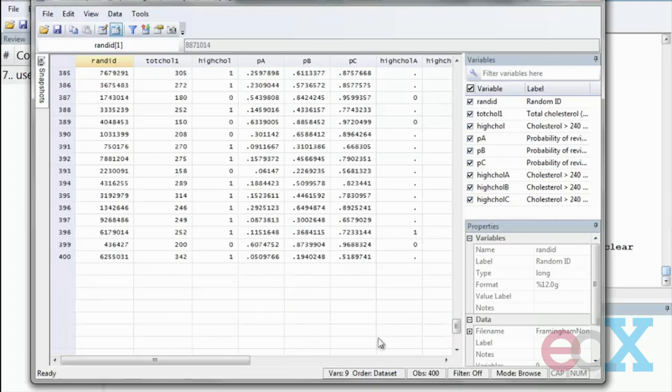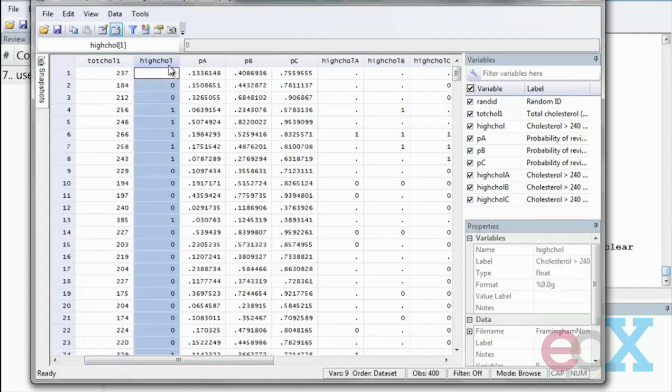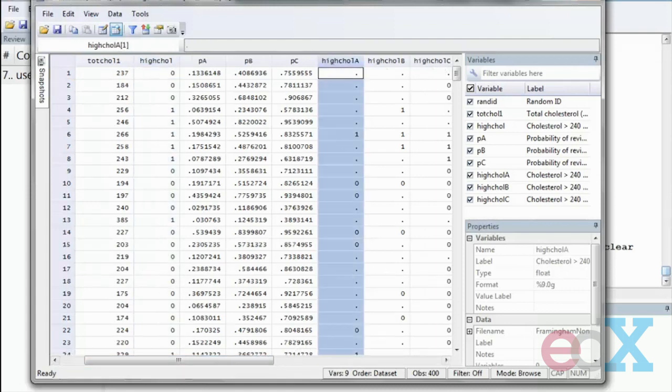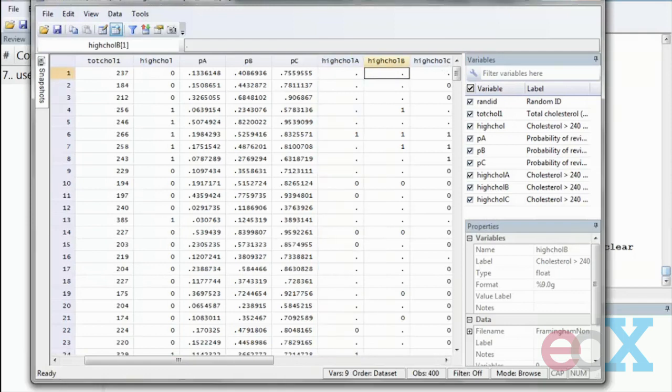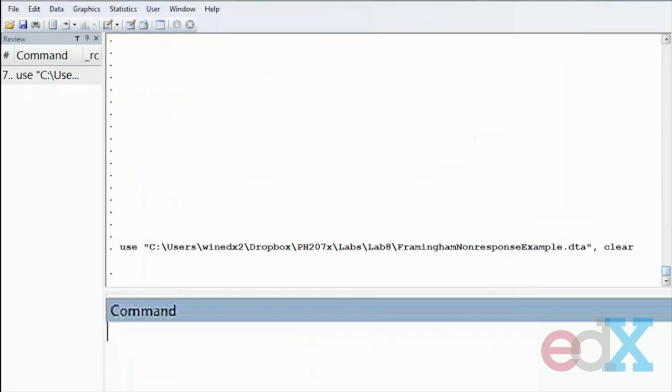I randomly sampled 400 people from the Framingham population, and then we have whether or not that individual had high cholesterol, and then we have 3 different variables called high cholesterol A, high cholesterol B, and high cholesterol C. Those are the 3 different cholesterols under the different sampling scenarios we talked about: the high response rate, moderate response rate, and low response rate. So let's go ahead and estimate the prevalence of high cholesterol in the data set using the full sample of 400.